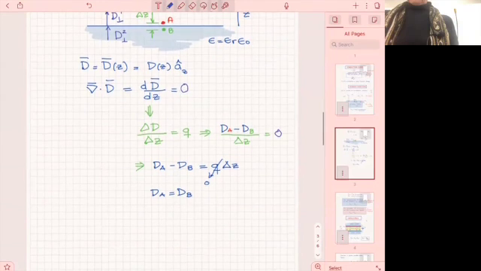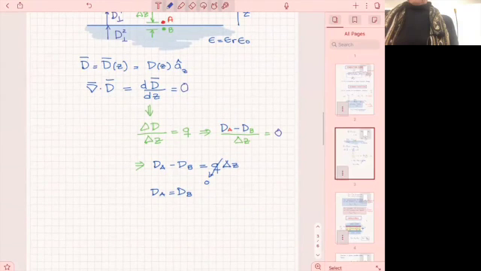Because what is D sub A? D sub A is epsilon naught EA, and those are the vertical components, which equals epsilon EB.